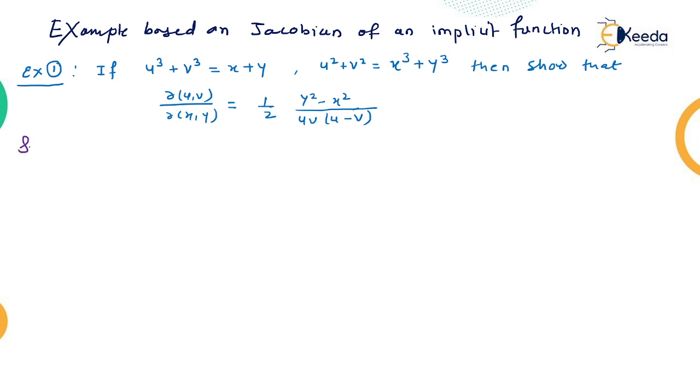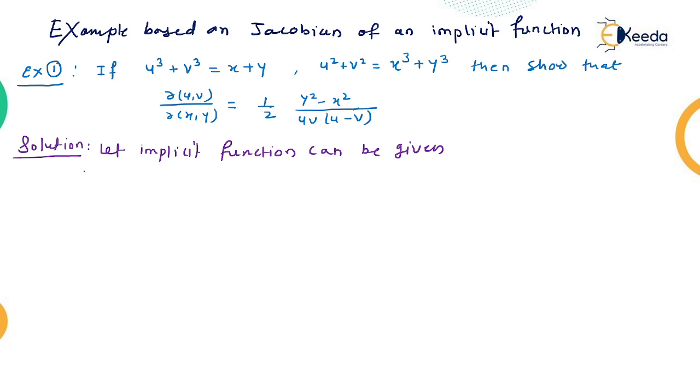So let me start the solution. Let the implicit functions be given as follows. What are the implicit functions given in the question? It is a function of u, v, x, y: 2 variables and 4 variables in total.